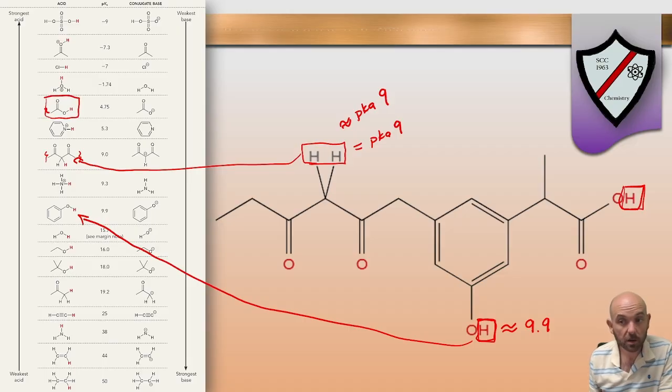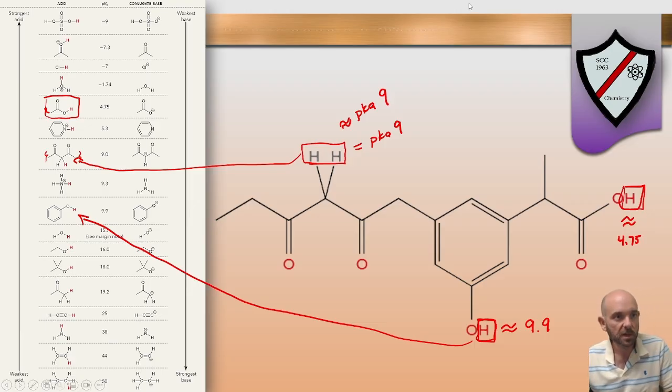If I just put an R there, it basically represents this molecule. I don't know that it's exactly 4.75, but I would be willing to bet that that hydrogen has a pKa close to 4.75. So again, you can use the pKa chart to make approximations for hydrogens in similar chemical environments to what is depicted on the table. It doesn't have to be exactly the same.